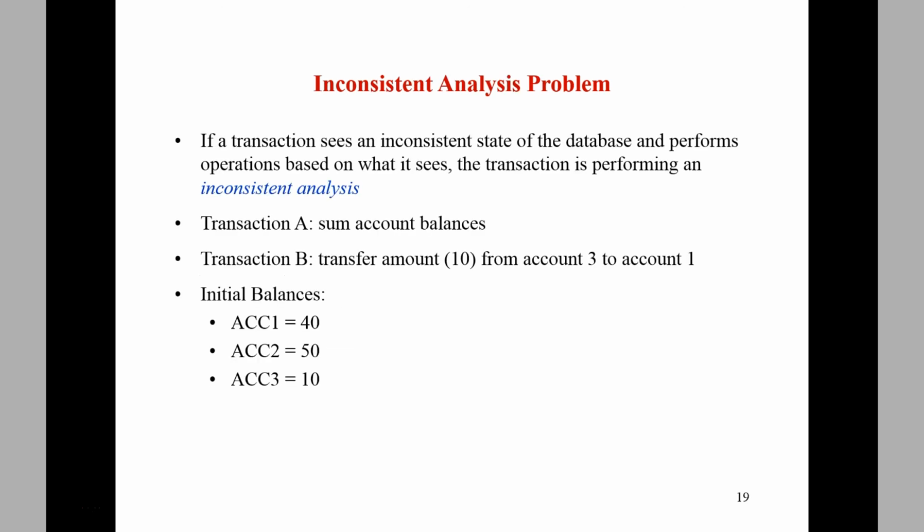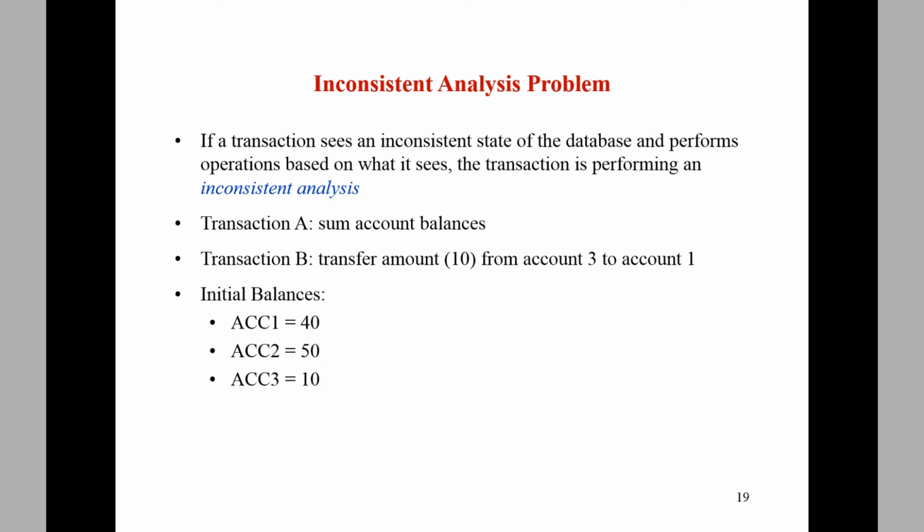And finally, the inconsistent analysis problem. If a transaction sees an inconsistent state of the database and performs operations based on what it sees, the transaction is performing what we refer to as inconsistent analysis.